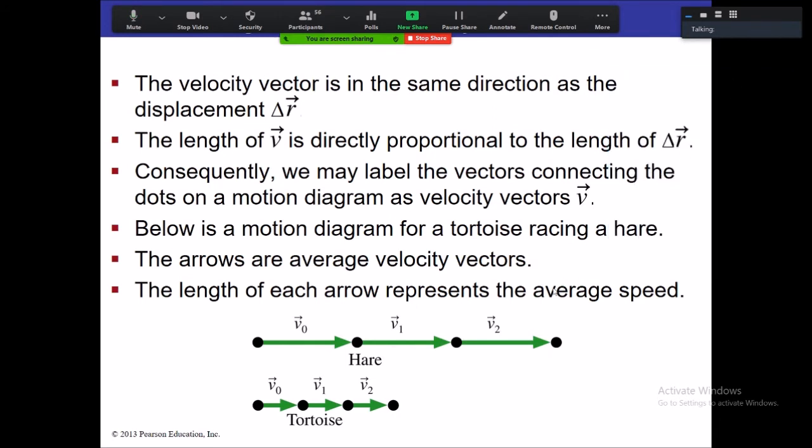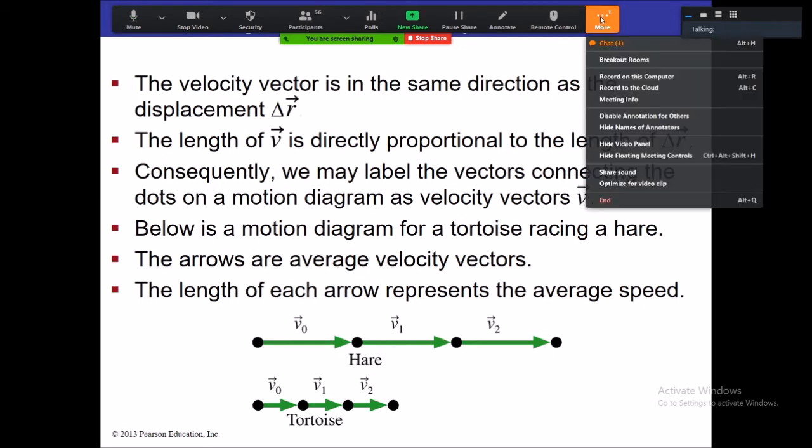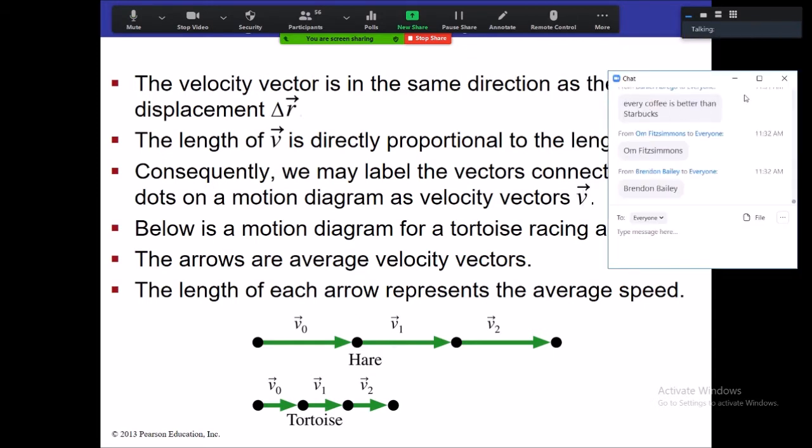Notice too, I've stopped labeling my points with numbers because now I can label my velocity vectors with numbers: V0, V1, V2, and so on. This is a very nice way to describe the race between the hare and the tortoise. There's a lot of information being communicated here.